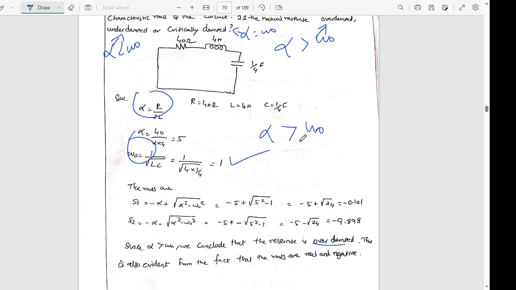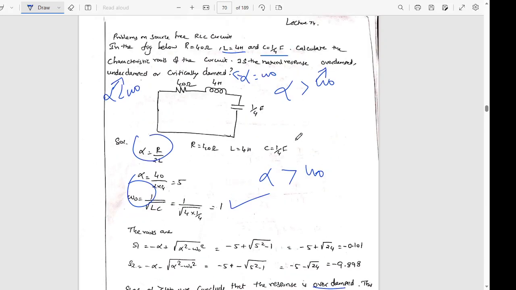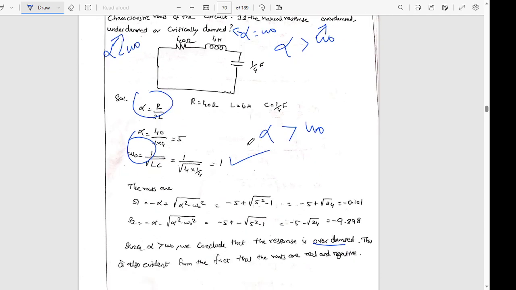What is the other question asked? Calculate the characteristic roots. I need to find S1 and S2. These formulas we also derived in lecture 1, so kindly go through them and write the formulas separately.